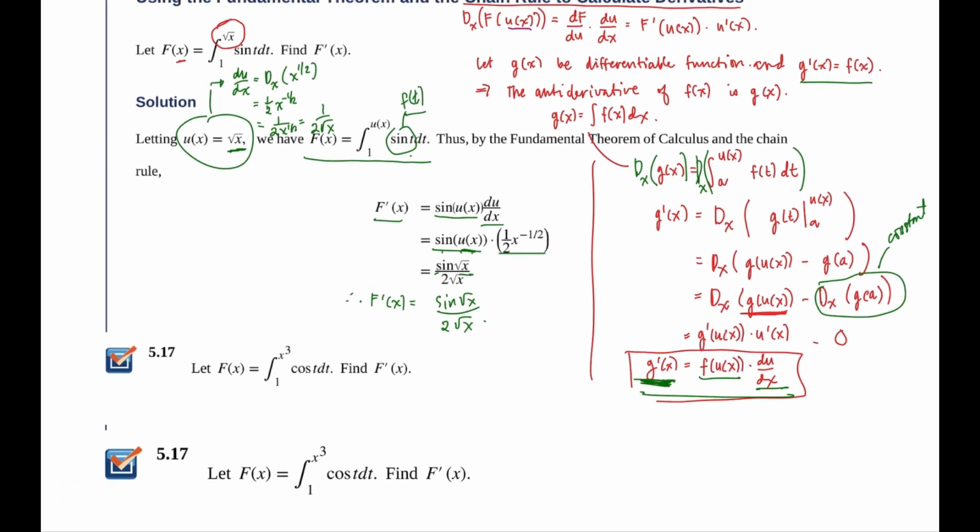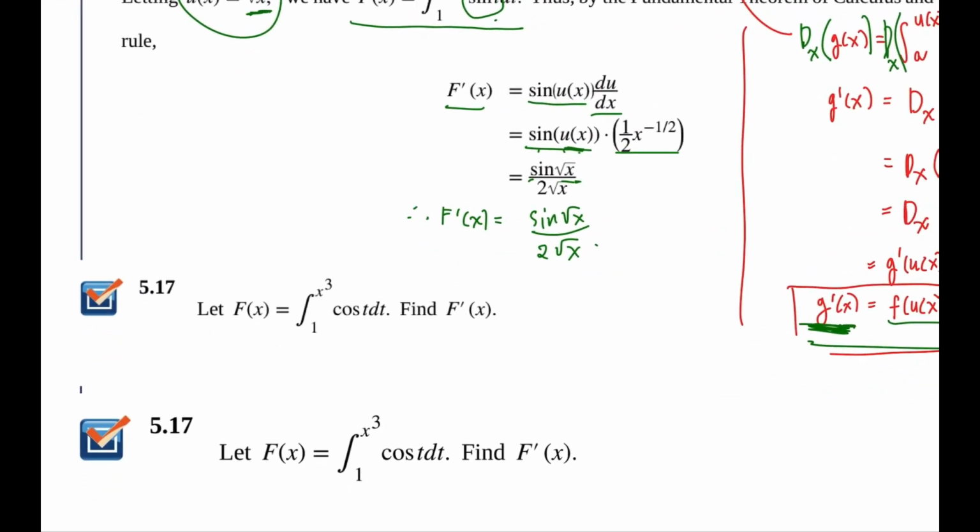So we'll just do the same thing here. I'll just use a different color. For this case, this will be our u. So let u be x cubed. Basically, du over dx is 3x squared. F of t is cosine of t.